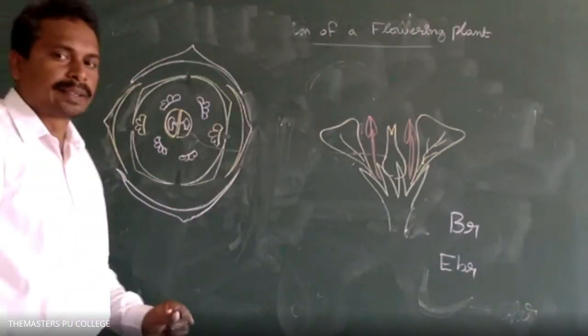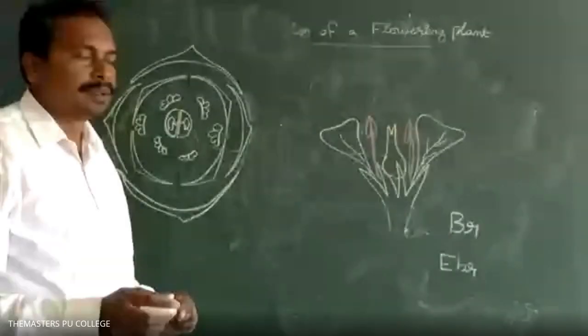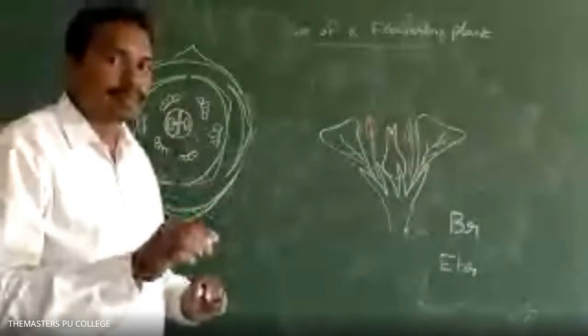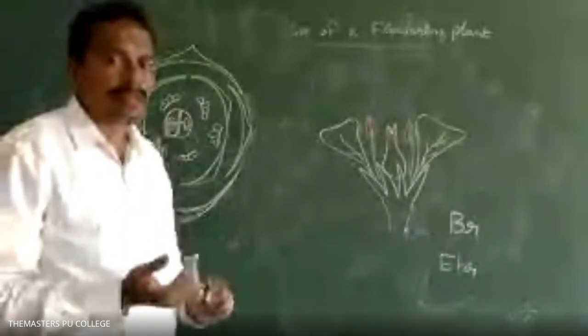Floral diagram, floral formula. The external characteristics of the plant organs: if the leaf has reticulate venation, a taproot system, and two cotyledons in a seed, you can say it is a dicot plant.